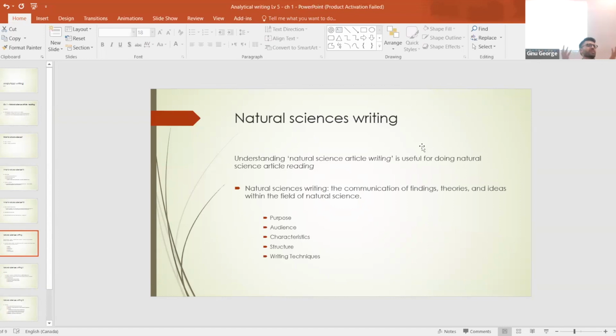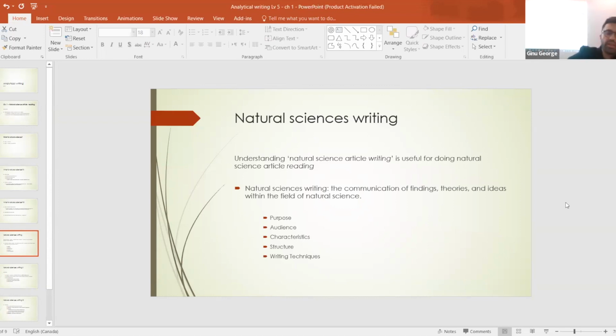You look up there and you're just like, whoa, what's the explanation behind all this? So a natural science article can also just try to explain or inform you about a theory, like the theory behind the planets' movement. So it's not always about discovery, but it is about discovery, though not always.